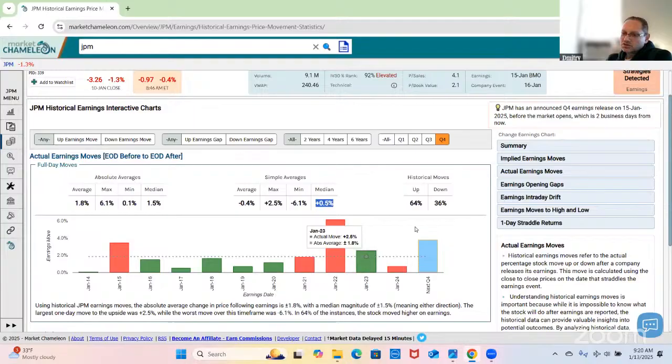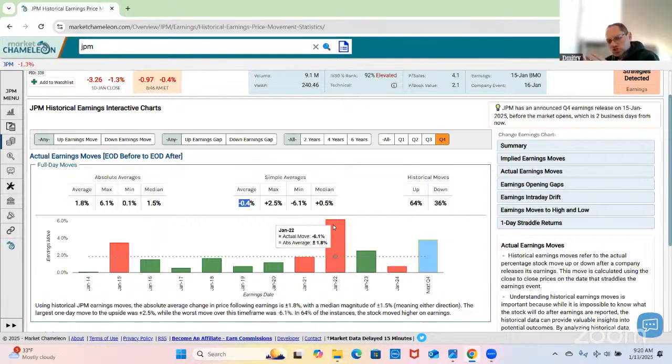So here you could see that even though there were more up moves than down moves, 64% of the moves were up, the greens, 36% of the moves were down, but the magnitude of the moves are different. So the average was negative 0.4%. That's because you got this really big outlier.